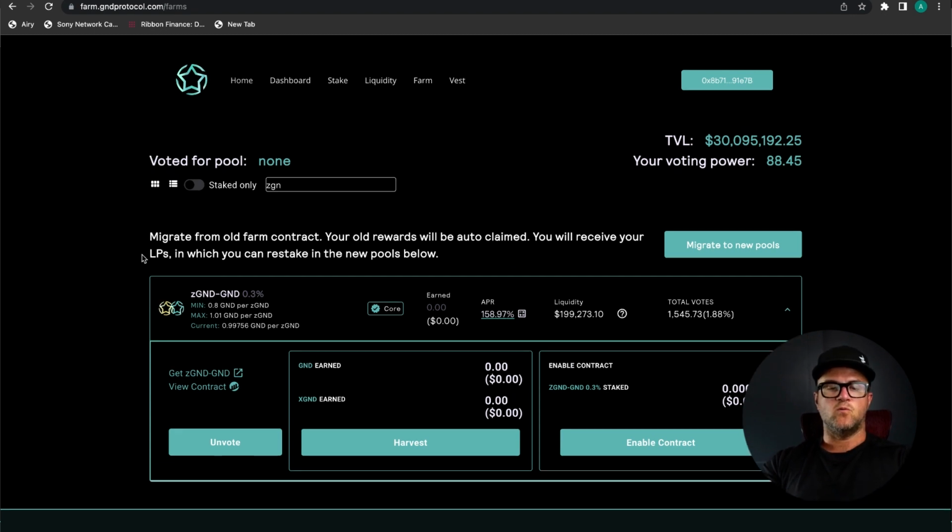So once APRs drop on the zGND staking pool to about 25%, or half that of the xGND pool, some zGND holders may want to start LPing and getting that APR in return, and that could be really great for those holders to get continued rewards as LP providers.